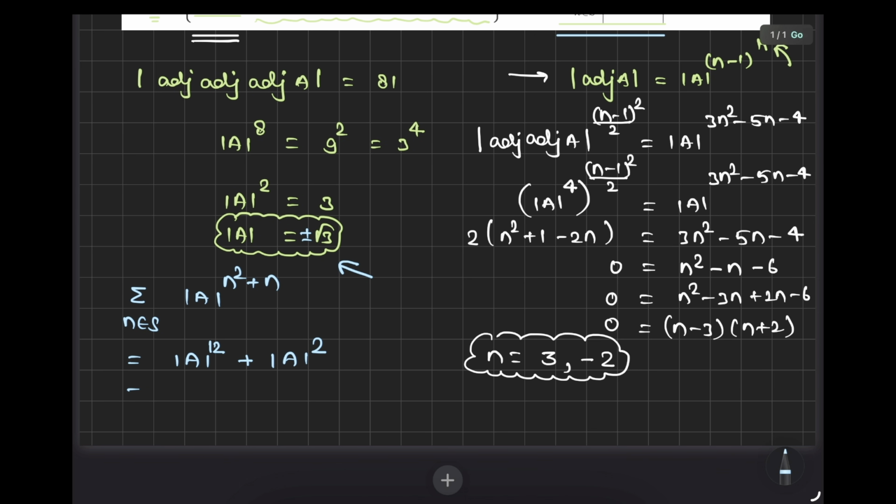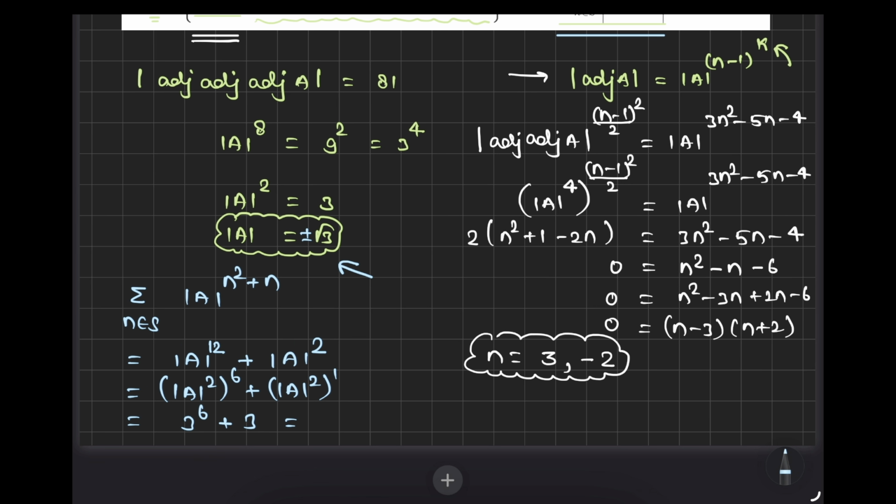Okay, so I can write down things as determinant of A squared to the power 6 plus determinant of A squared to the power 1. So this thing will become 3 to the power 6 plus 3. Okay, now look at this, how we will solve.